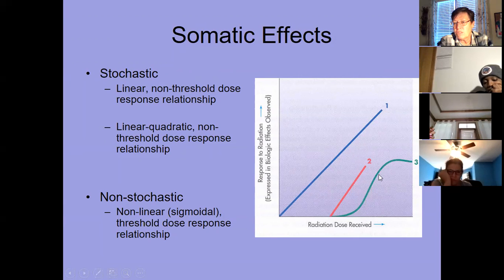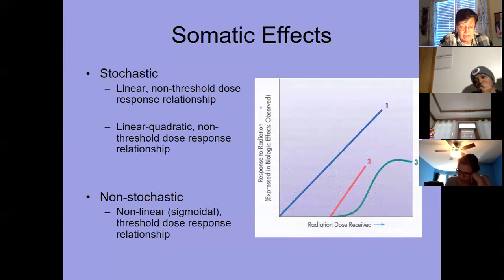The effects get worse and worse and worse until we basically have killed all the cells and it levels out, so it can't get any worse. So this is a nonlinear threshold dose-response relationship. Non-stochastic or deterministic or tissue effects commonly follow this dose-response relationship.